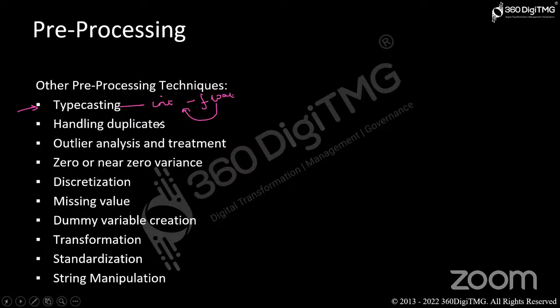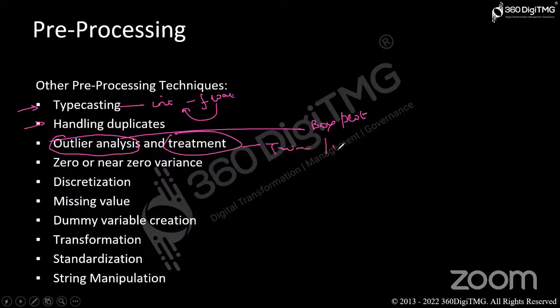Handling duplicates, you will have some duplicate values as well. You need to take care of that. Outliers will be there. So first you need to analyze them, and for this we use a box plot. You treat them using trimming or winsorization, right?